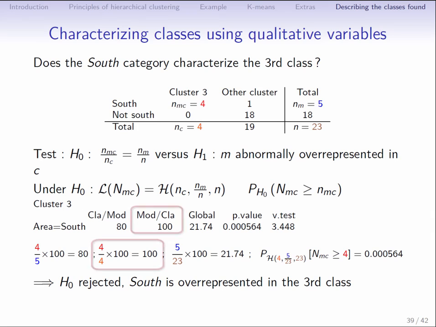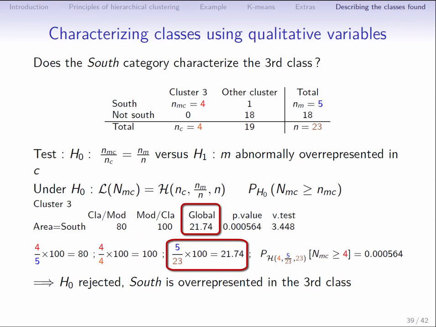The second column gives the percentage of towns from the third class that are in the South. Here, 4 towns out of 4 in the third class are in the South, 100%. The third column gives the proportion of towns that are in the South out of all towns, which is Nm over N, giving 5 over 23 or 21.74%.